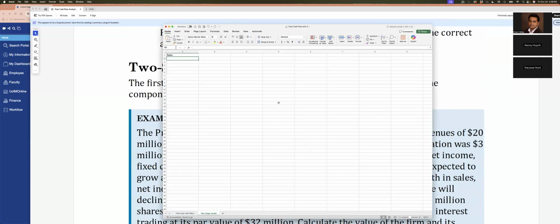So let's go with the year. They gave the first 5 years of the model. So let's go here. Once you do this, it's so simple. You can feel so good. Oh, this is what the professor is talking about. Year 0, first year, second year, third year, fourth, fifth, and sixth is the perpetual.